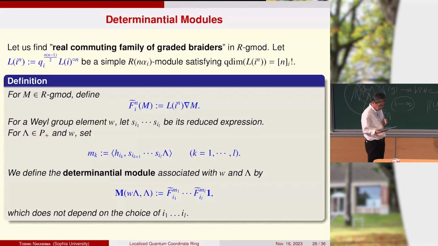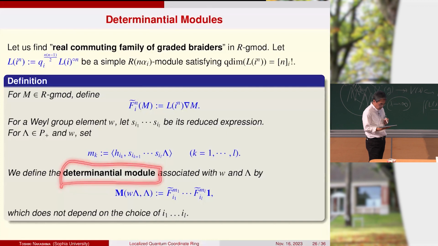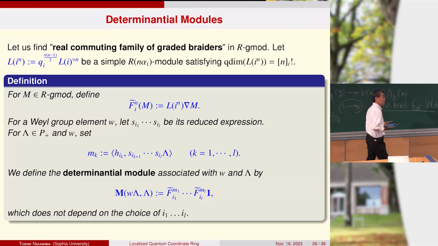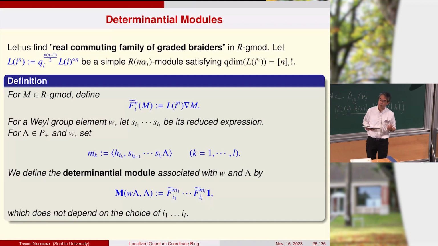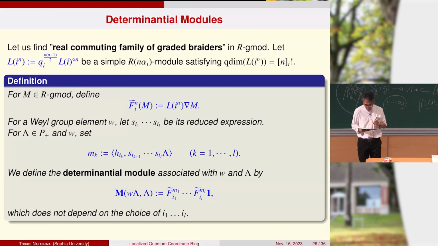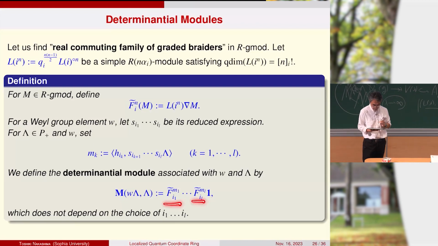Okay. Then we define the determinantal modules like this. One is the unit object in T, RG mod. This is the one-dimensional trivial module. Then we apply these functors like this.